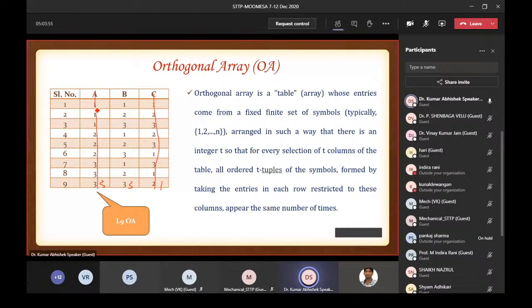For B, the level 1 is available 3 times, and here also 3 times. So whatever the levels in the column, they should be evenly distributed. If it is 3 times here, it will be 3 times in this one too. If it is 2 times here, it will be 2 times in A and 2 times in B. If you talk about level 3, if it is 3 times in A, it will be 3 times in B, and 3 times in C. Is it clear or not?